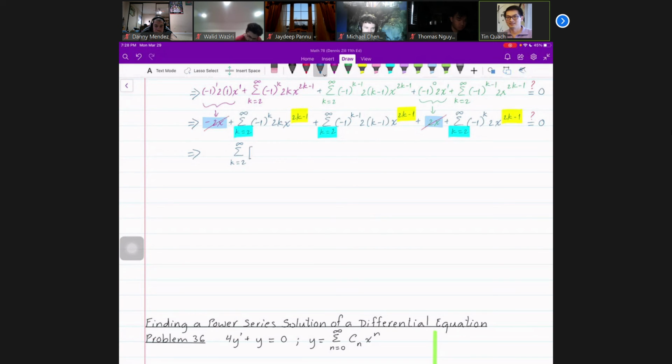So what you have is negative 1 to the k, 2k for the first series, plus negative 1 to the k minus 1, 2k minus 1 for the second series. And the third series is negative 1 to the k, 2. And then x to the 2k minus 1 on the outside. Right? Okay.